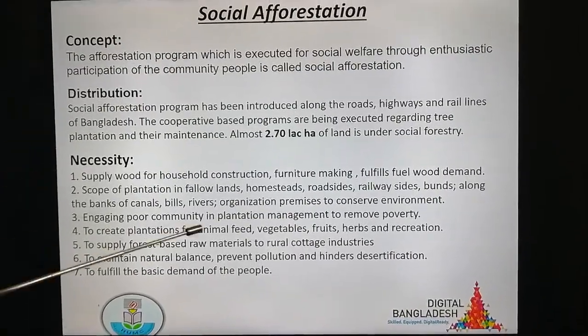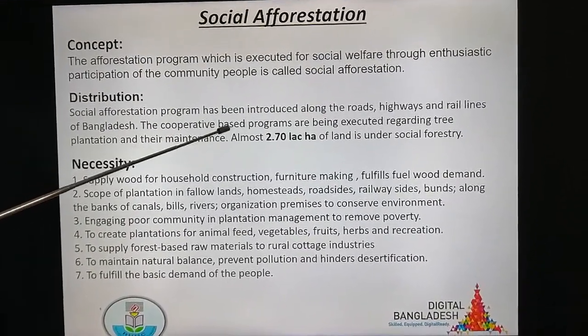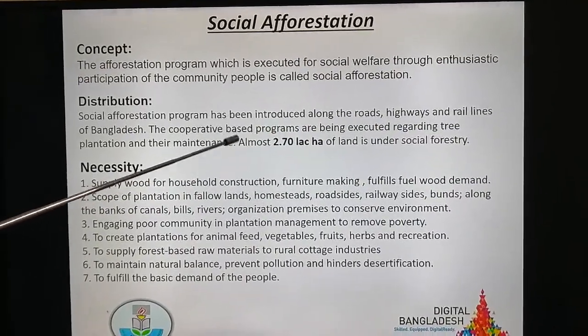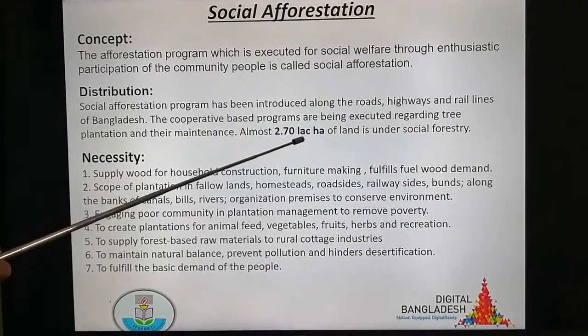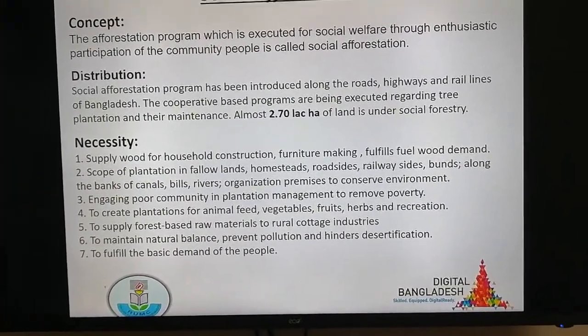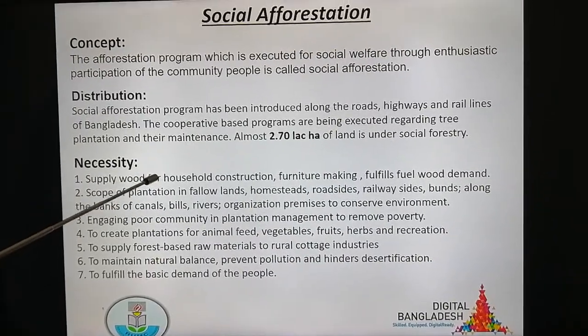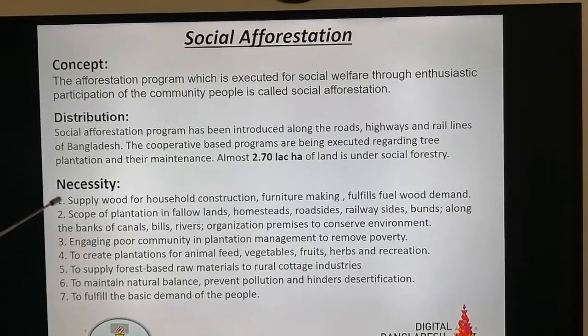What is the distribution? Social forestation program has been introduced along the roads, highways, rail lines of Bangladesh. The cooperative based programs are being executed regarding tree plantation and their maintenance. Almost 2.70 lakh hectare of land is under social forestry in our country.